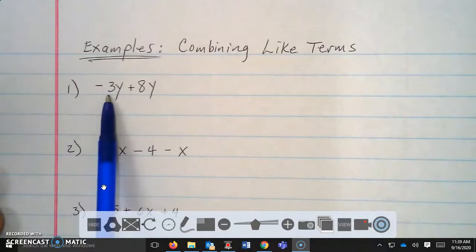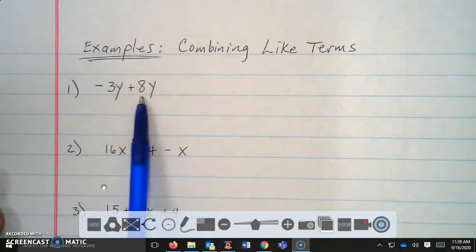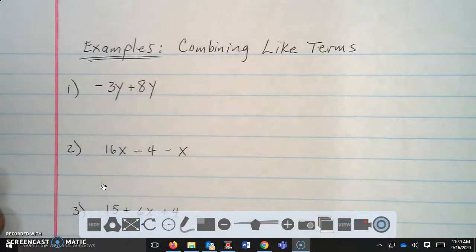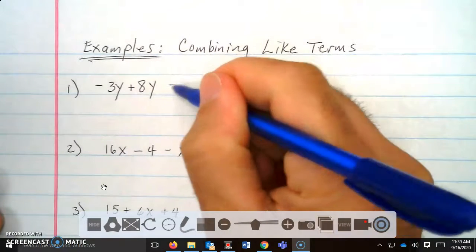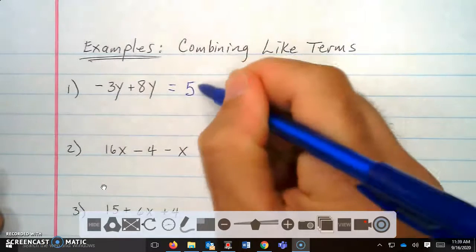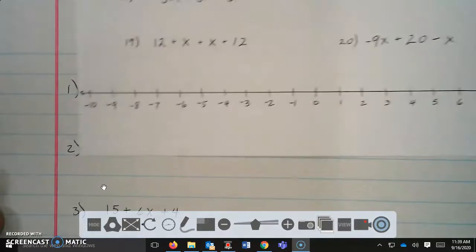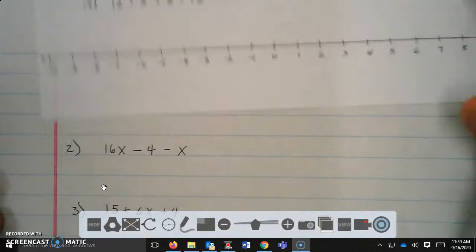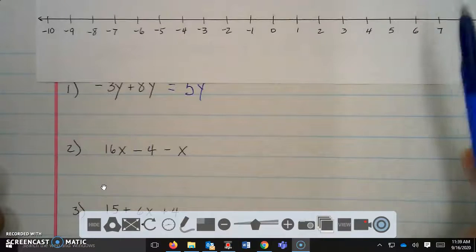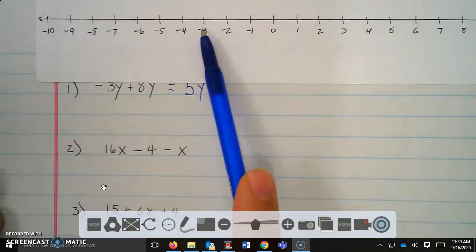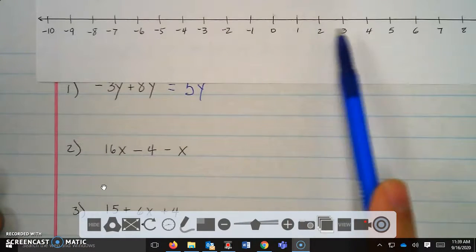A negative 3 would be like you owe someone $3. A positive 8 means you have $8. Well, if you owe 3 and you pay the 3 out, wouldn't it make sense that you have 5? And we could even use the number line. That's actually at the bottom of the assignment, so I'll show you. Negative 3 plus 8: you go to negative 3, the first number, plus 8, you hop 8 to the right. 1, 2, 3, 4, 5, 6, 7, 8.